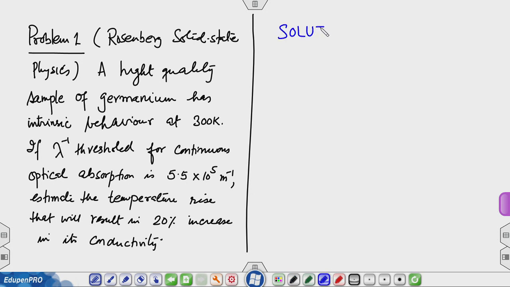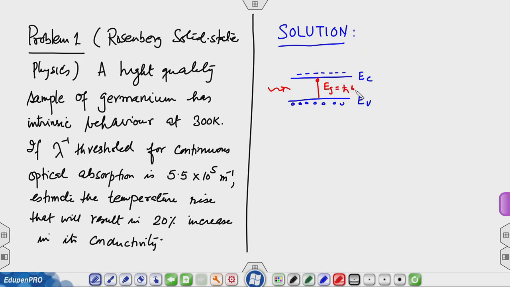Solution. So, you are given that this is an intrinsic semiconductor. That means there are holes in the valence band and there are electrons in the conduction band. Now, if you shine light on it, the minimum frequency that you need is such that E g should be equal to h cross omega min.